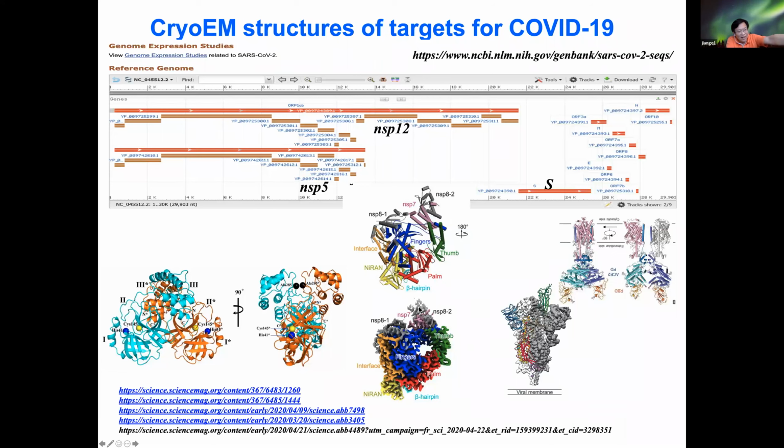In the middle is the cryo-EM structure of NSP12 in complex with NSP7 and NSP8. This is the molecular model. And this is one of the relatively conserved proteins among a significant number of coronaviruses, and also one of the main targets for drug development.